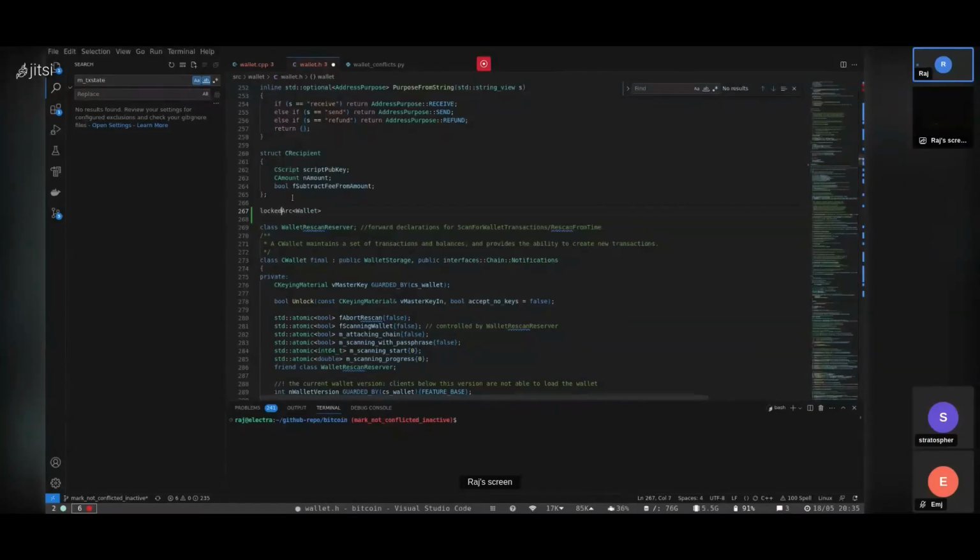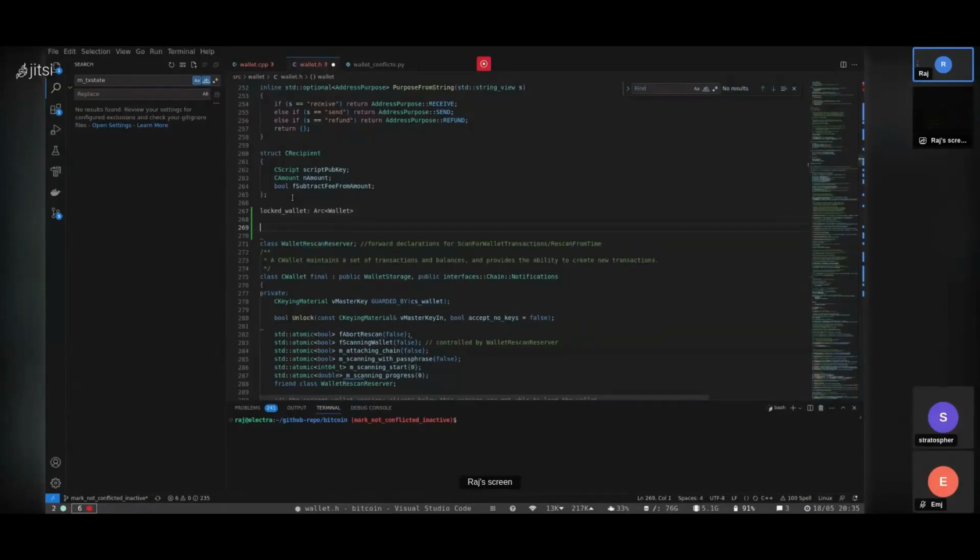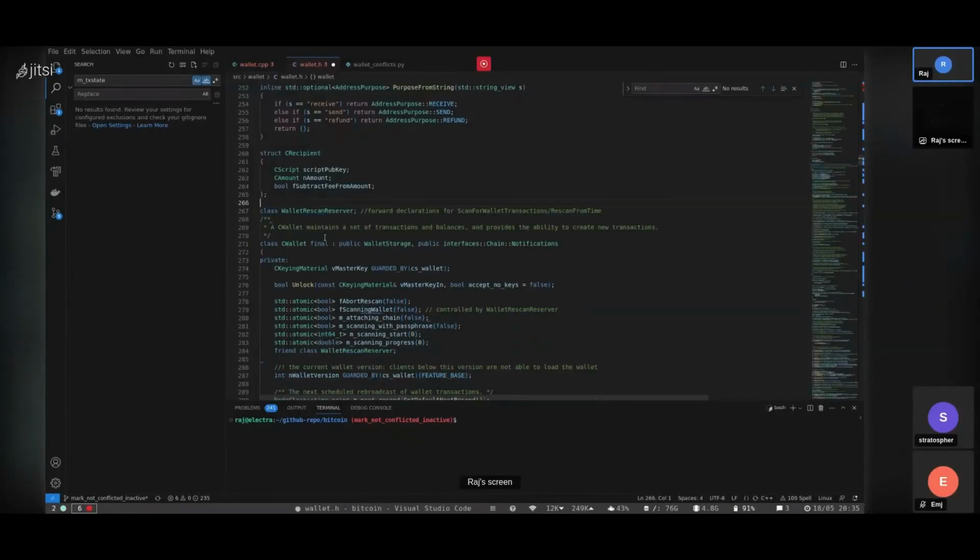So maybe locked wallet will be this, and then you will call locked wallet dot lock in order to get the lock on the wallet, instead of having an individual mutex floating inside. But the concept is the same over there.